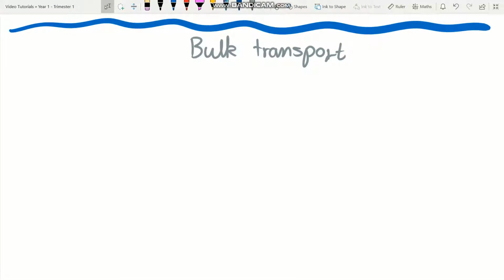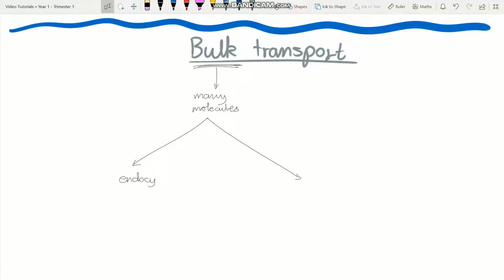Now, bulk transport is quite an important concept because it essentially involves the transport of solutes against their concentration gradient and requires energy and involves the bulk movement, so many molecules, across a membrane. And the two types of bulk transport are endocytosis and exocytosis.